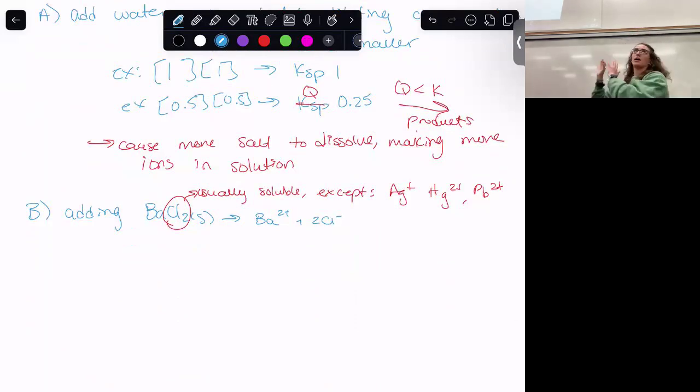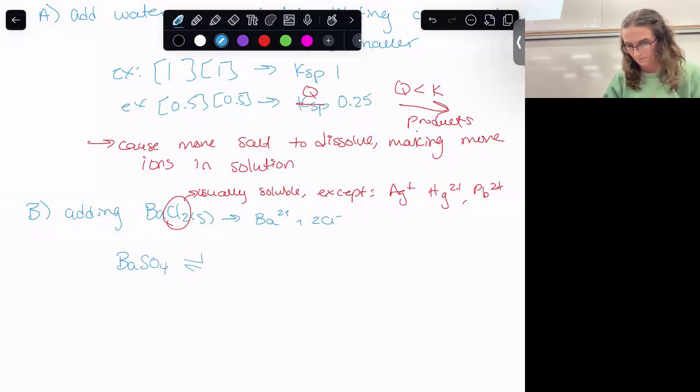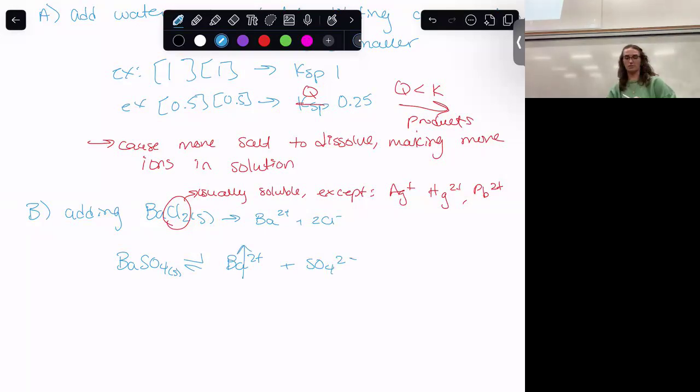Do we have any common ions between the ions in barium chloride and the ions in barium sulfate? Barium is going to be a contributor to the system. So if we look at our KSP or our original dissociation, we've now increased the concentration of barium 2+.